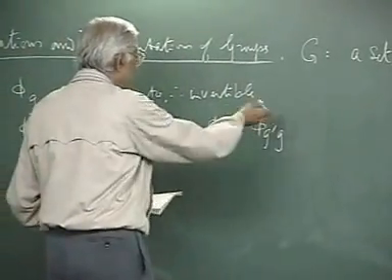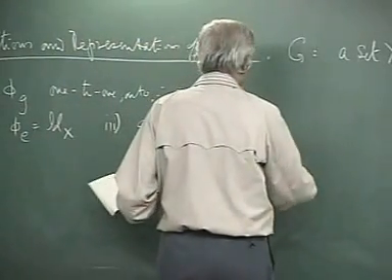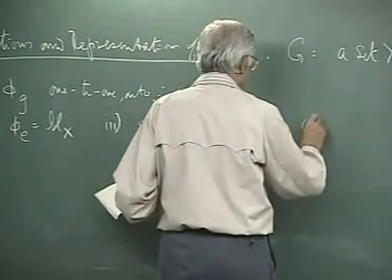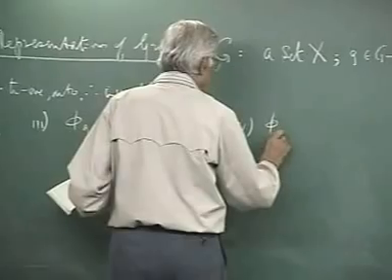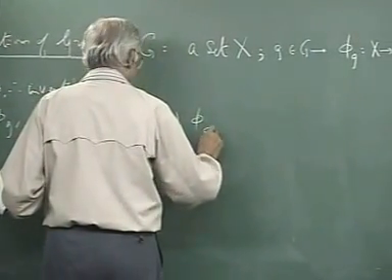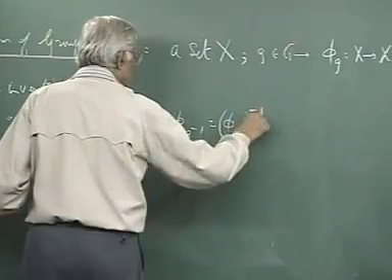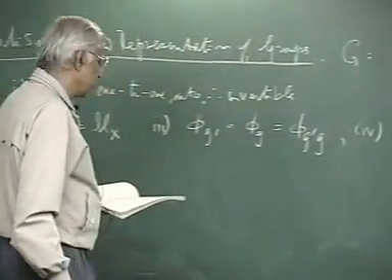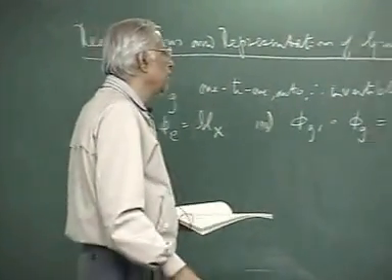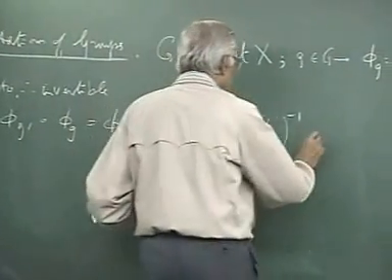This means it must preserve group multiplication, and if you put all of this together, you also get the result that the map corresponding to G inverse will be the inverse of phi G.